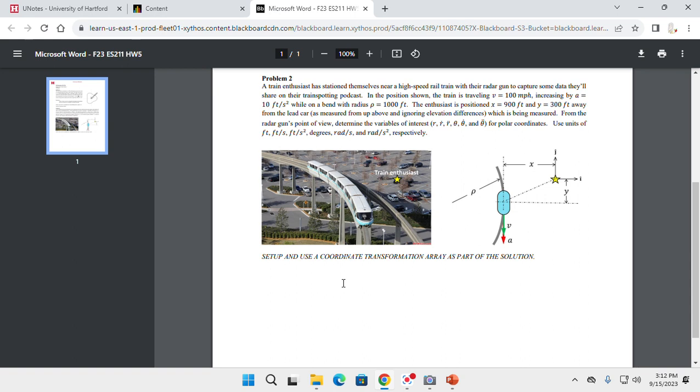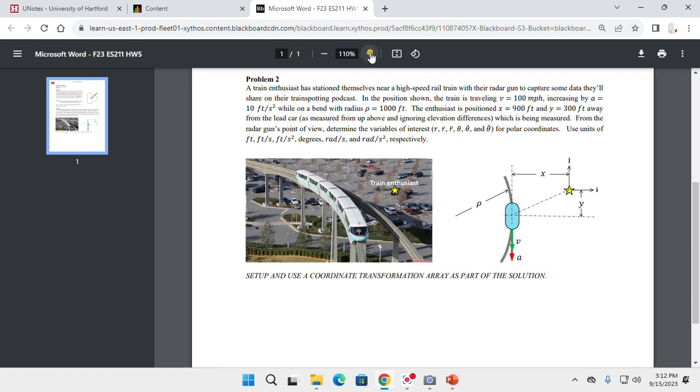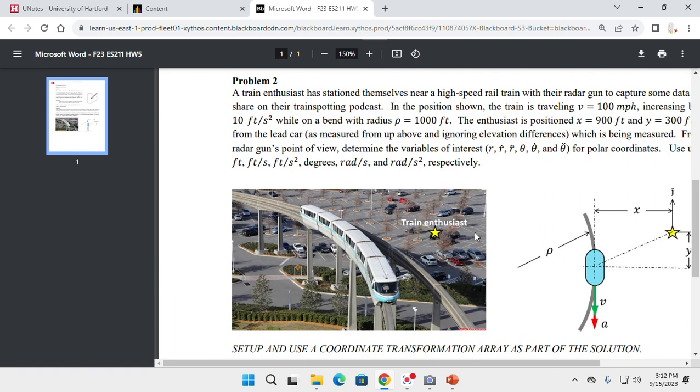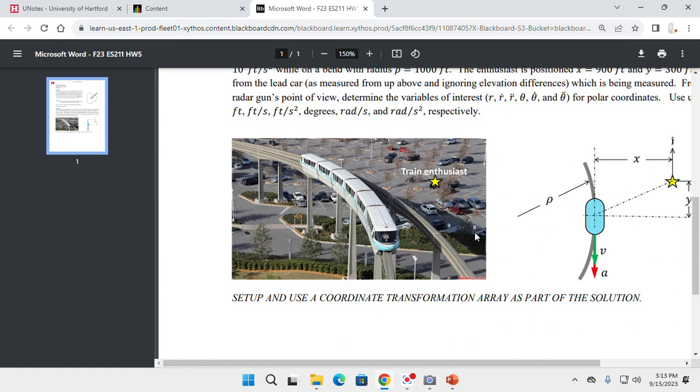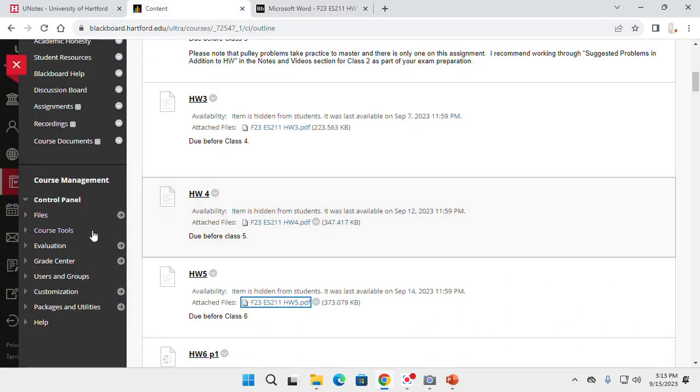So why did you measure the angle at the train and not at the source? Well, it depends on your reference. So let me go to the solution.